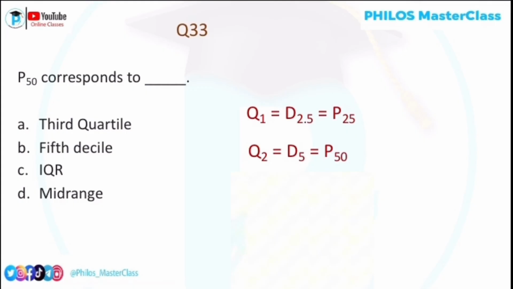It must also be equal to the 50th percentile. And the third quartile, which is Q3, must be equal to the 7.5 decile, and it must also be equal to the 75th percentile. So this question is saying that the 50th percentile should correspond to the second quartile or the median. It should also correspond to the 5th decile. So the correct answer is the 5th decile.